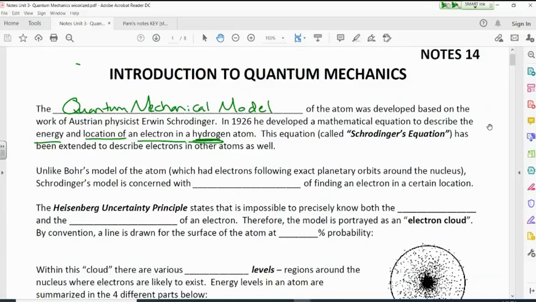So like I said earlier, unlike Bohr's model, which had electrons going around the nucleus in perfect orbits, we now know with Schrödinger's model that it's more concerned with the probability of finding an electron in a certain location. It's a lot more complicated than the way Bohr made it look.